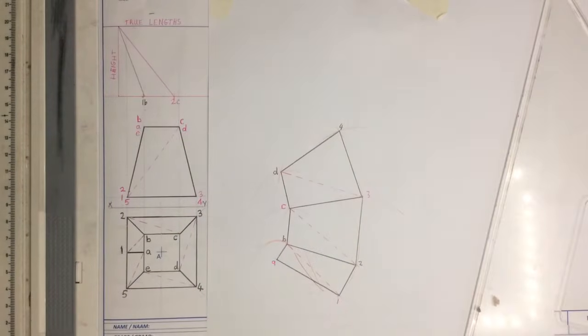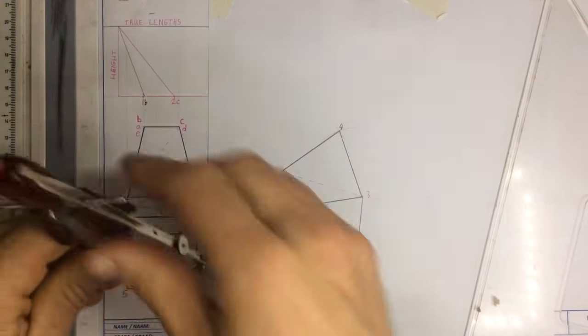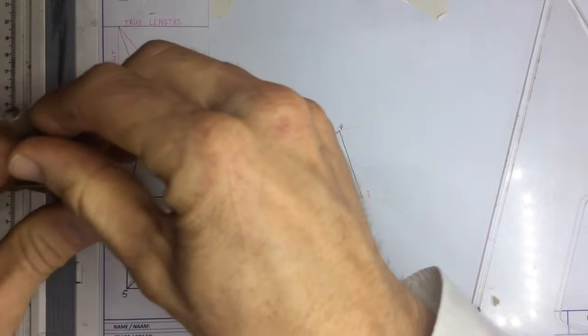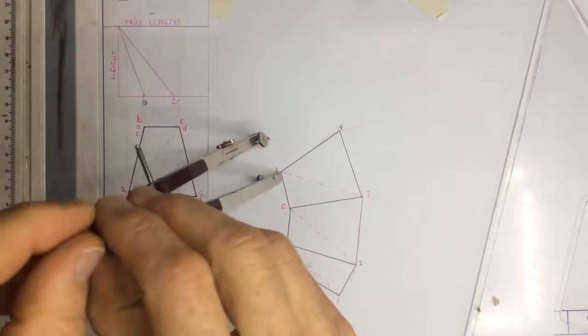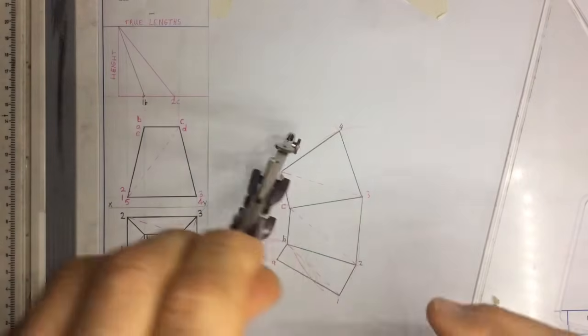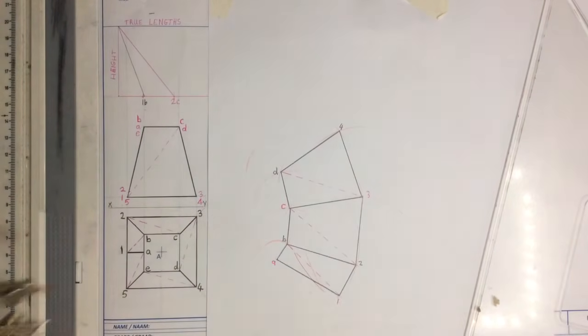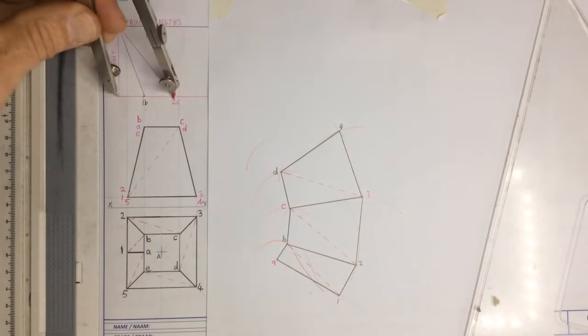Right, once I've got that, I need to go from D to E. Take a true length distance from D to E, go to D over there, mark off, and somewhere along that line I'll have E. Do I have a true length distance from 4 to E? I don't have it, so I need to go to my graph, go over here.